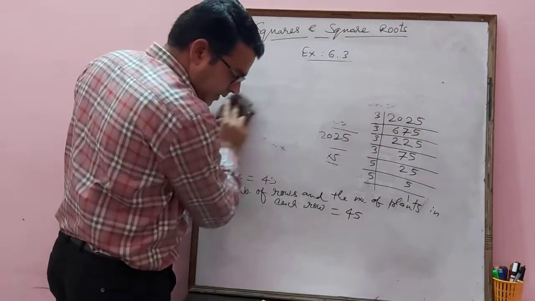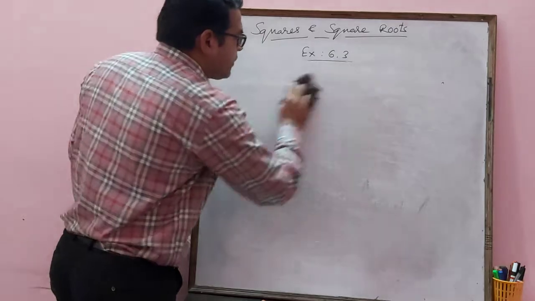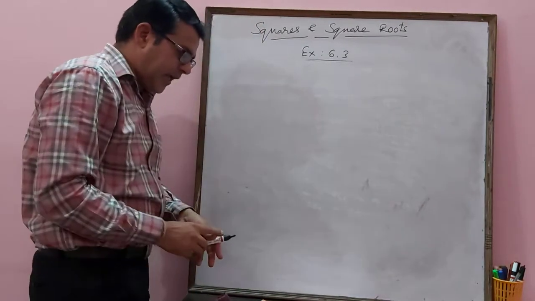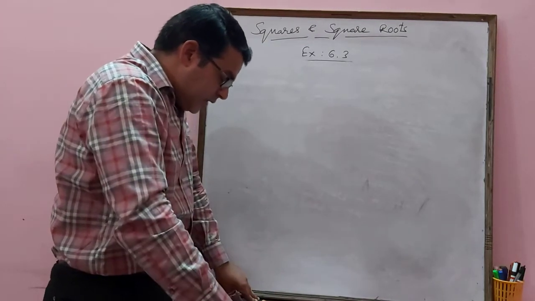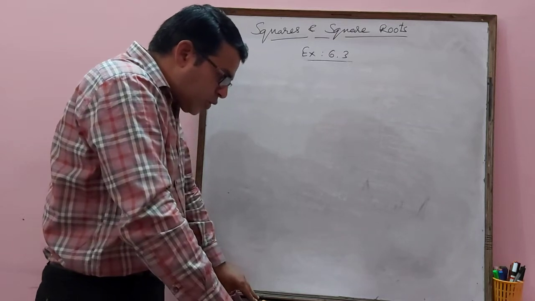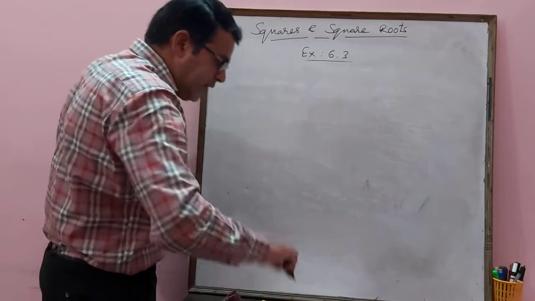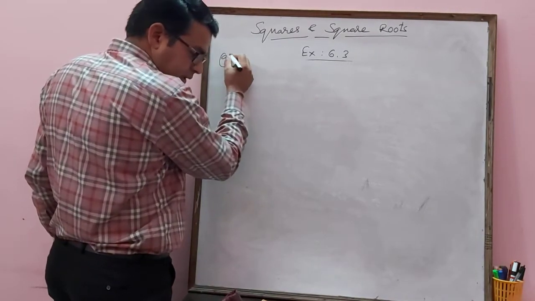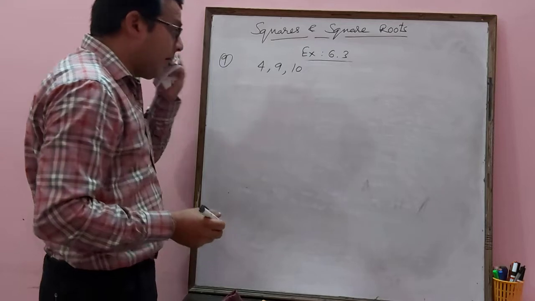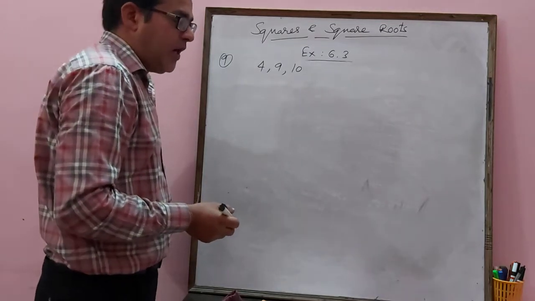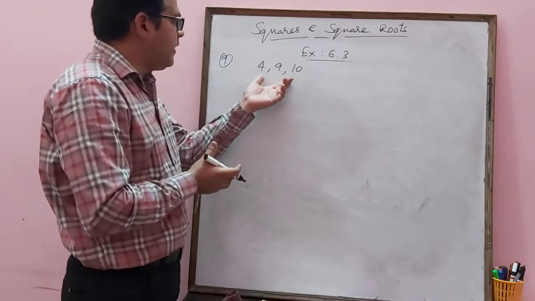Now, next question, that is question number 9. Two questions are left there, question number 9 and question number 10. And both the questions are same. Question is, find the smallest square number that is divisible by each of the numbers 4, 9 and 10. Three numbers are given there. You have to find the smallest perfect square number which is divisible by all these numbers.